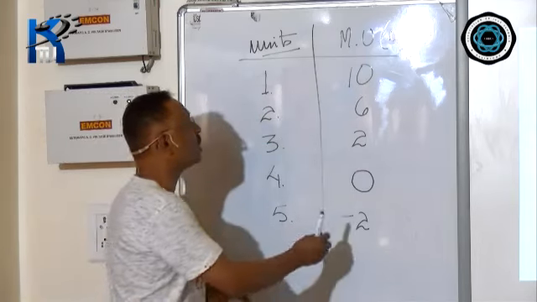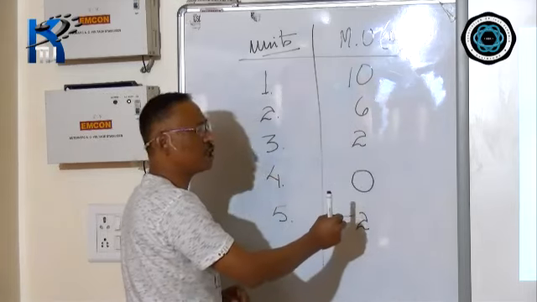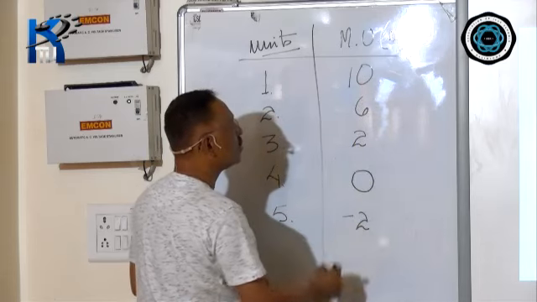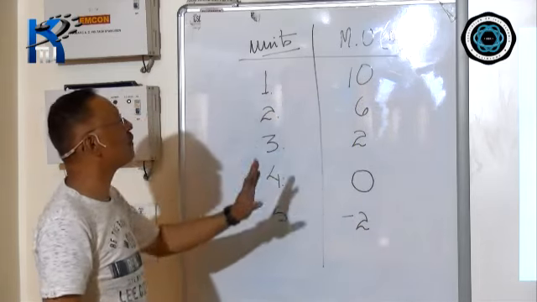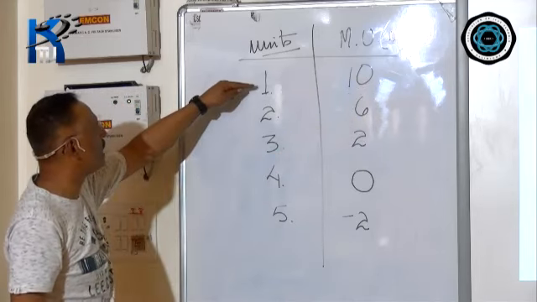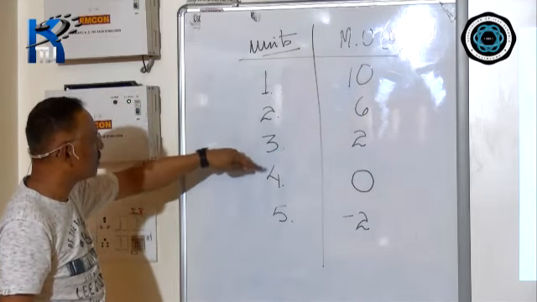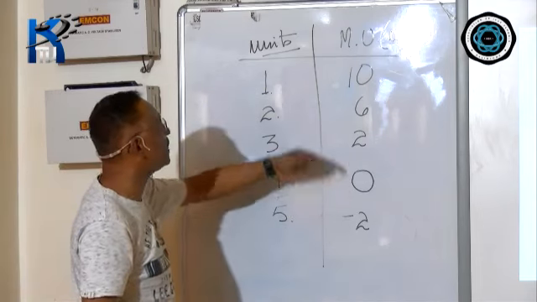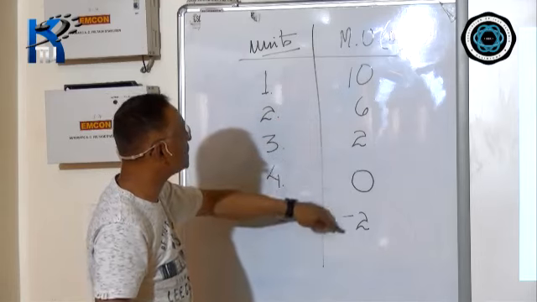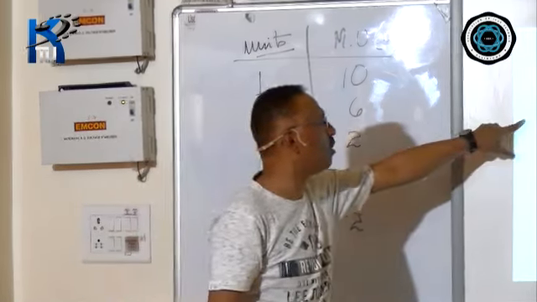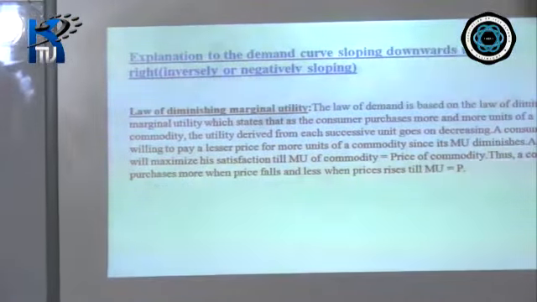So this is called the law of diminishing marginal utility. It states that when you consume an additional unit of a commodity, the satisfaction or the utils derived decreases. That means the marginal utility decreases. This is the law of diminishing marginal utility.